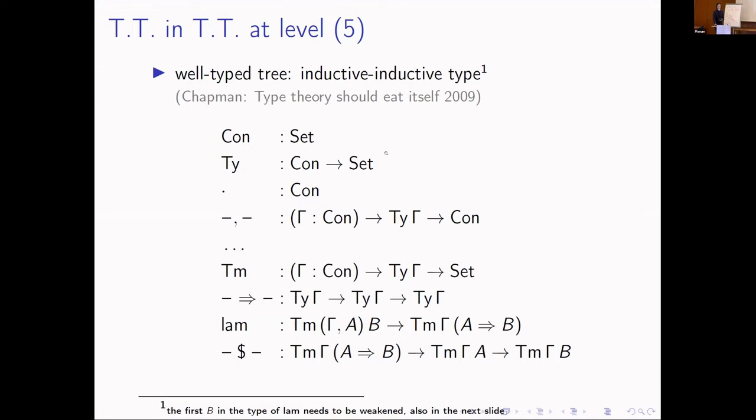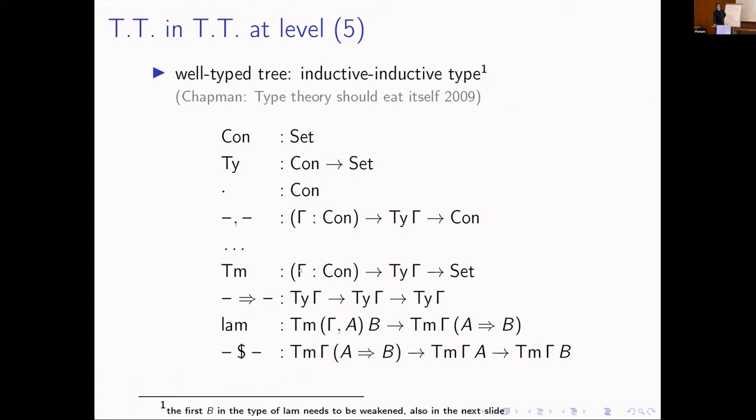Instead, for each context, you have a set of types which is meaningful in that context. And these are not simply mutual types. They cannot be encoded as a mutual inductive type or an indexed inductive type, because there's a more intertwined dependency between them. So there's the empty context, and then the context extension, which is an operator which forms a context and refers to types. So if I have a context and a type in that context, then I obtain a new context.